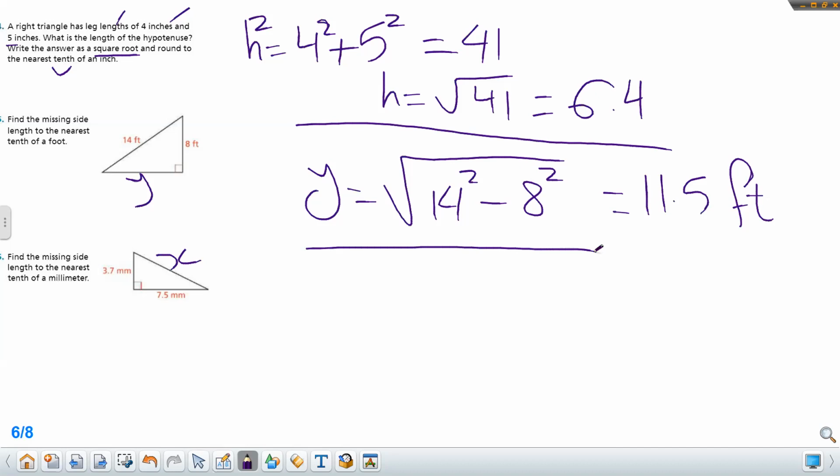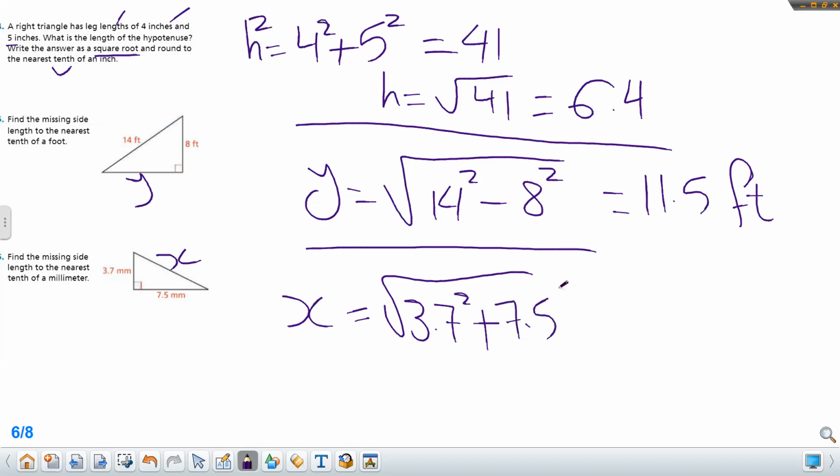Yes, I can say x in one step is the square root of the sum of squares of the other two sides. Then 3.7 power 2 plus 7.5 power 2. Then evaluate it. It will be 8.4.